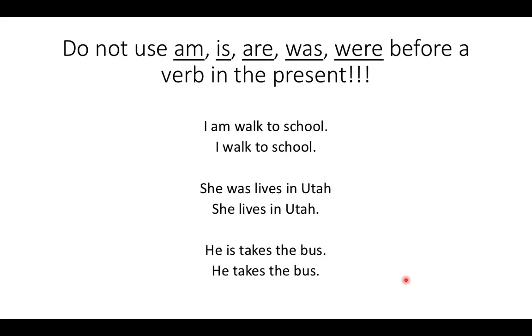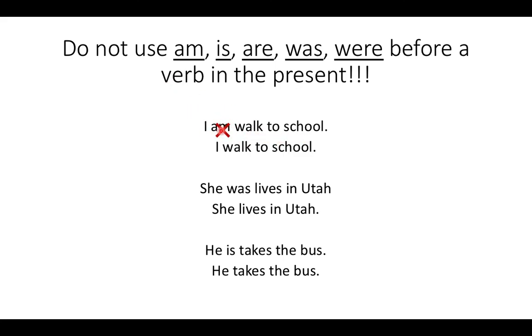This is extra to let you know that you cannot use the word am or is or are, was or were before a verb in the present. So for example, I am walked to school. You can't do that.